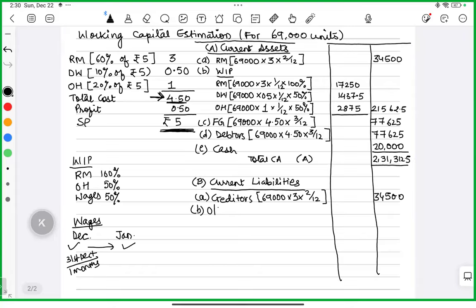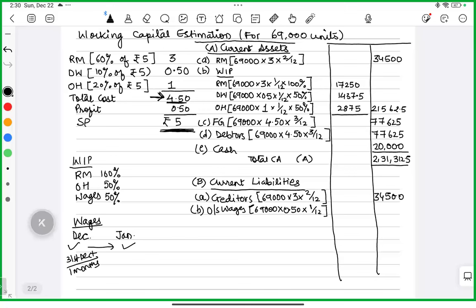So outstanding wages, you are making 69,000 units. You are having wages per unit of 0.50 or 50 paise, and wages outstanding will be 1 by 12, that is 1 month's wages, because you are paying in the next month.